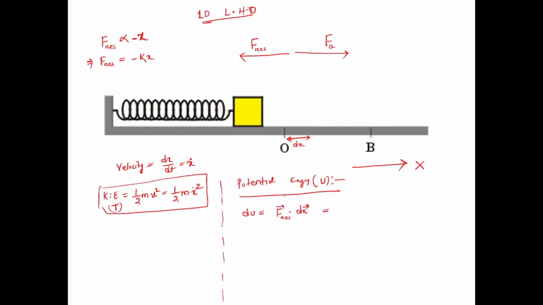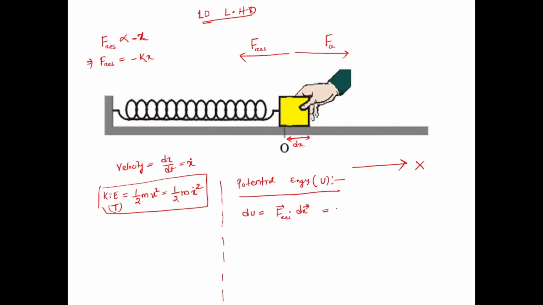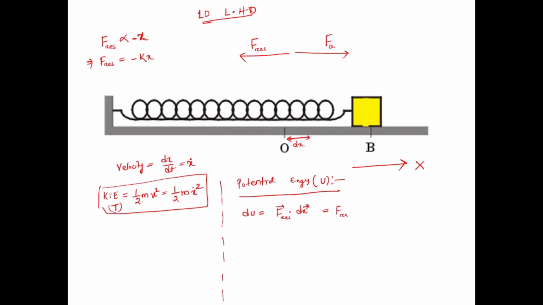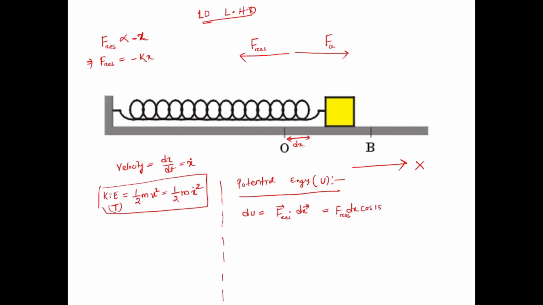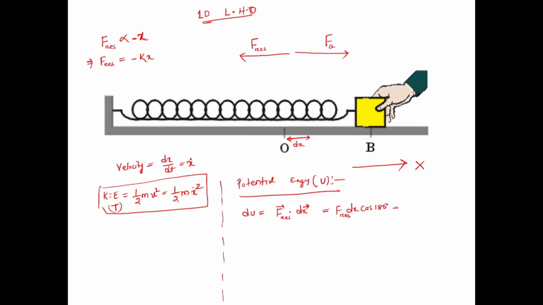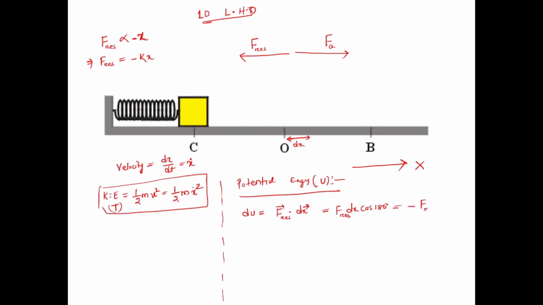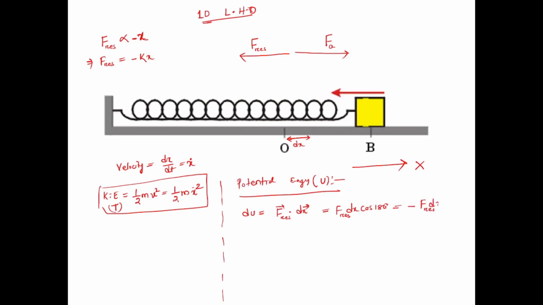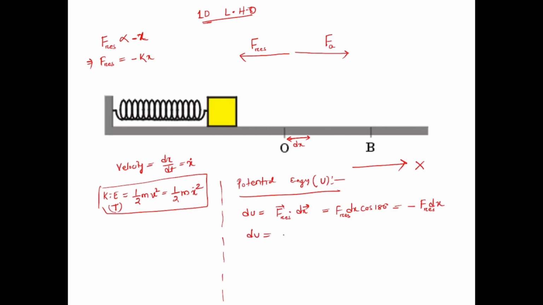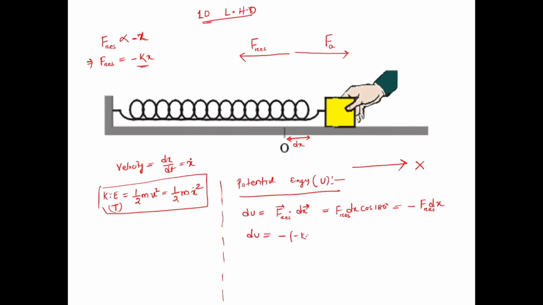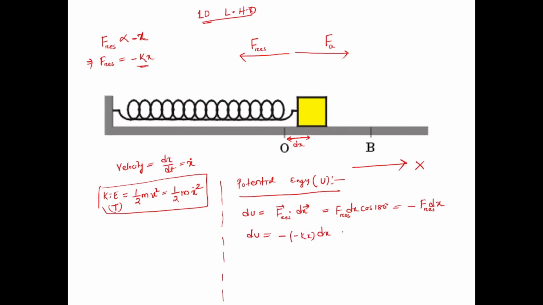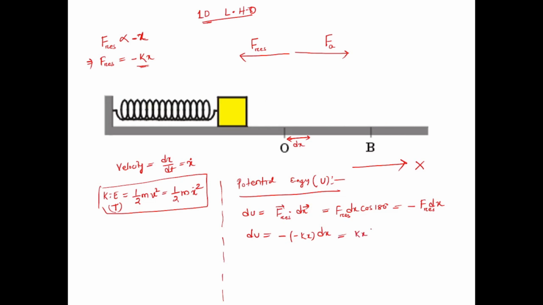Here the restoring force and displacement are opposite to each other, so the dot product will be restoring force into dx into cos 180 degrees. The value will be minus restoring force into dx. So dU will be equal to minus restoring force, and the restoring force value is minus kx. We just put minus kx into dx. So here we found kx dx.